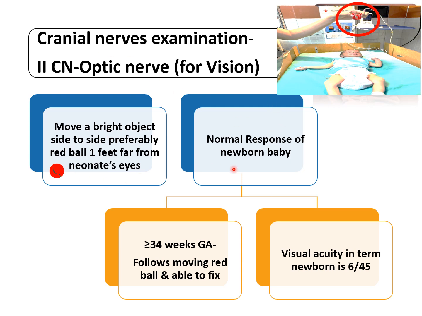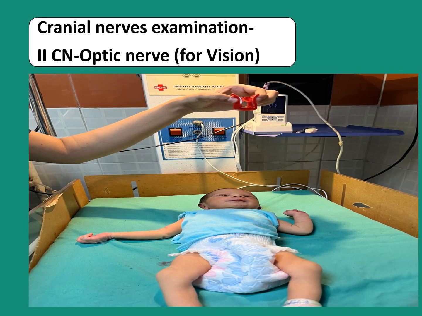The normal response in a baby of more than 34 weeks of gestational age is to follow the moving red ball and be able to fix. Here you can see the red object 1 foot from the newborn's eye, and we have to see whether the newborn moves the head toward the object to assess vision.